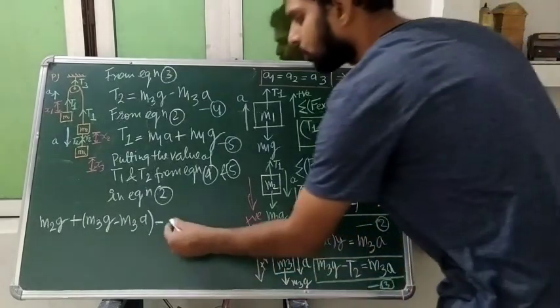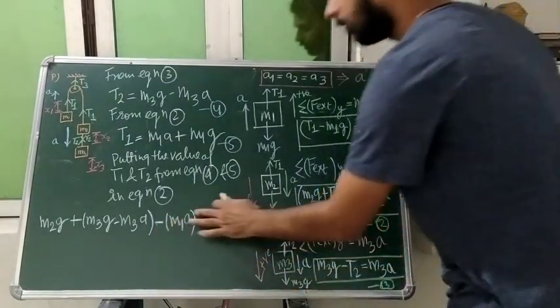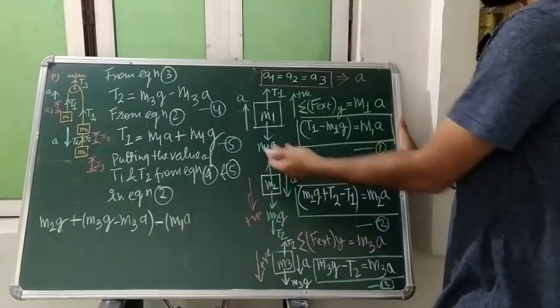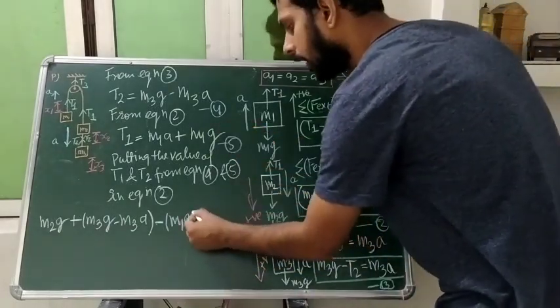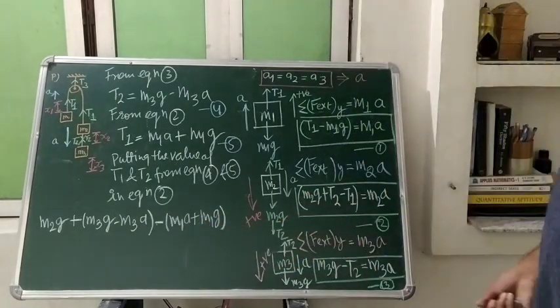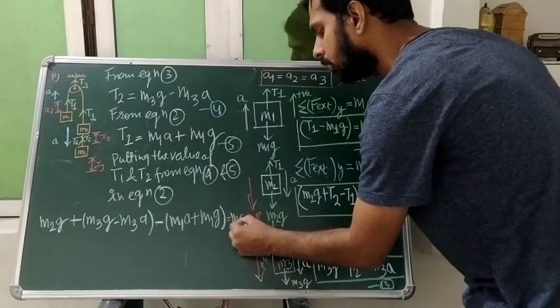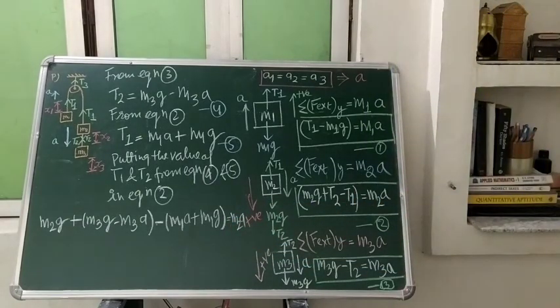So what is T1, student? T1 is M1A plus M1G only, and this would be equal to M2A.